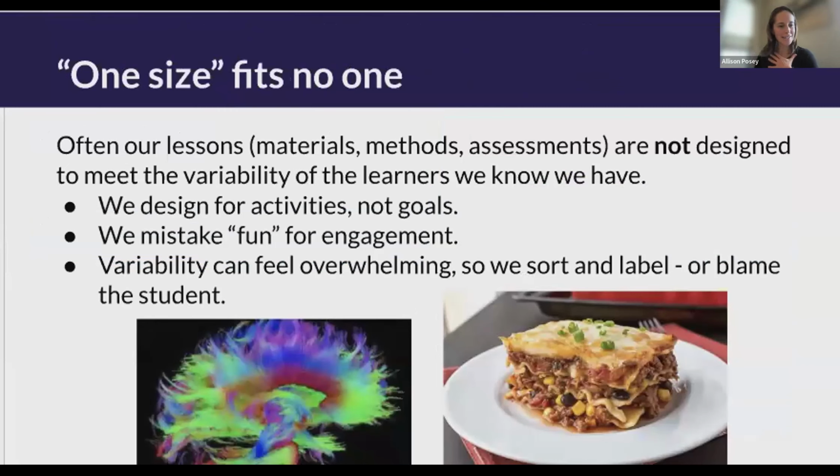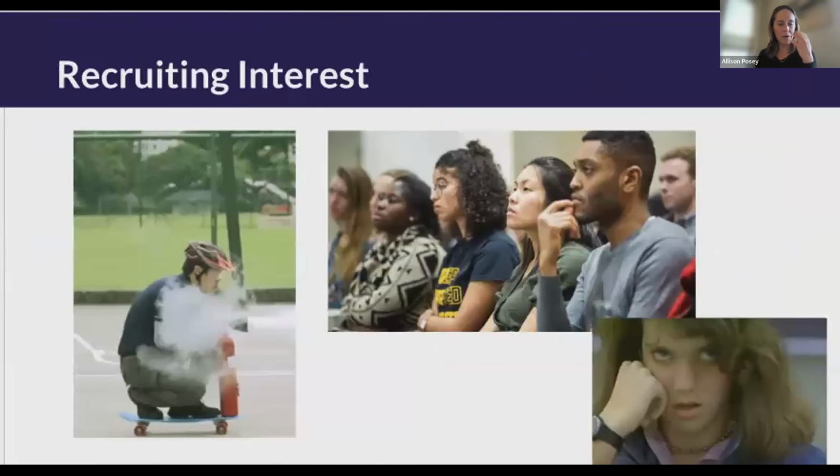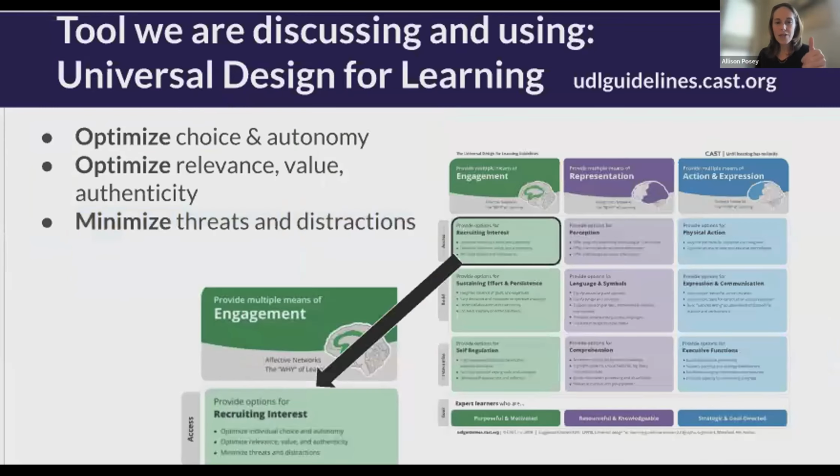So for me, just kind of taking a step back, we were able to think about recruiting interest in a lot of ways before UDL. And then with UDL, I can't stop thinking about all the different ways that we can try to recruit interest, because it's so much more than being fun.